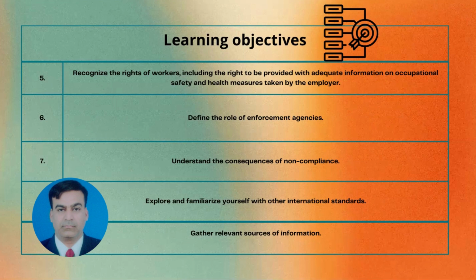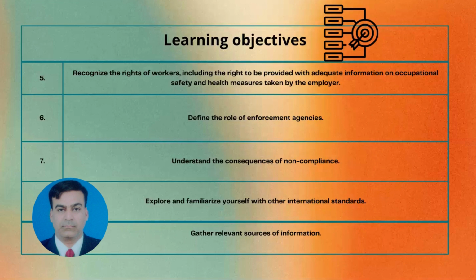Obviously, when some law is broken, there are some compliance consequences. We will discuss in detail in this segment. Number 8, explore and familiarize yourself with other international standards. So the main legal laws are ILO C-155 and R-164, but there are other standards also available to make health and safety manageable in your workplaces.